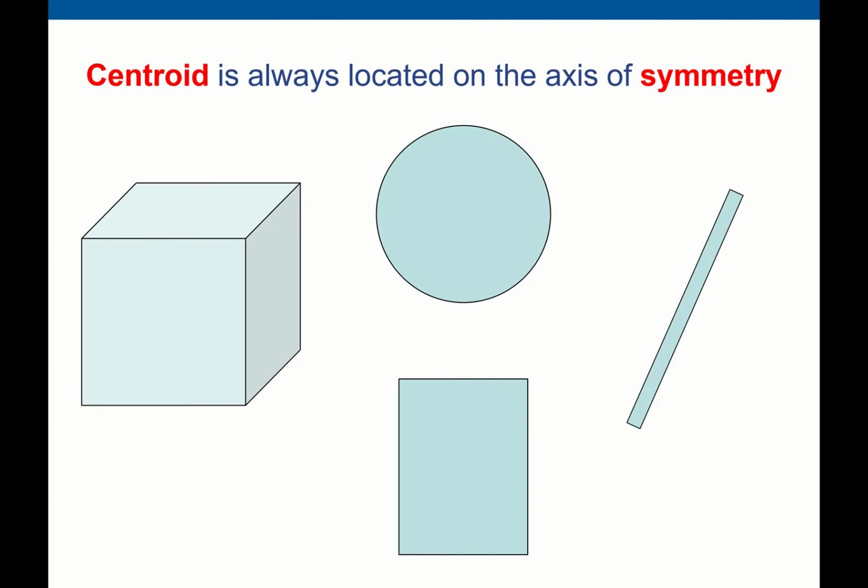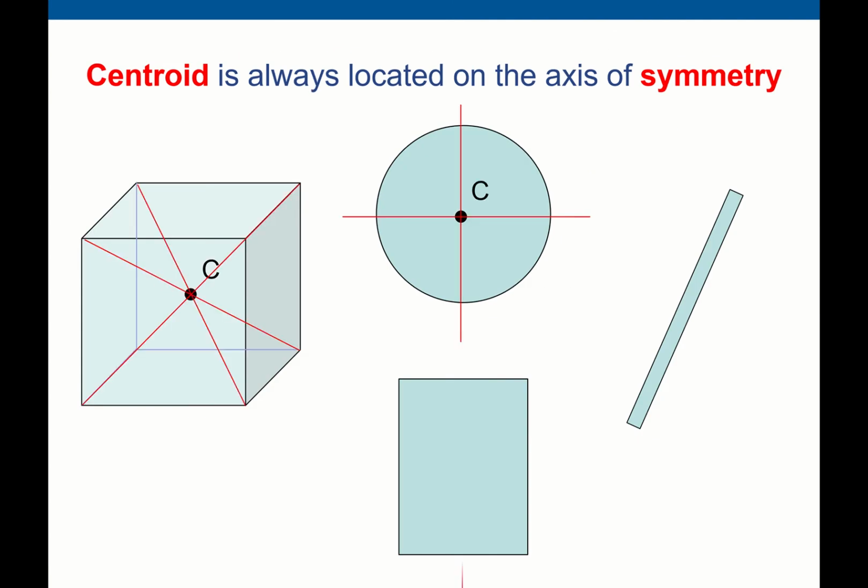Where is the centroid? Here you can see the square, boxes, the circle, the rectangle, and the line. All the centroids are in the center, in the middle. You can draw lines and find the intersection points that separate the shape symmetrically.